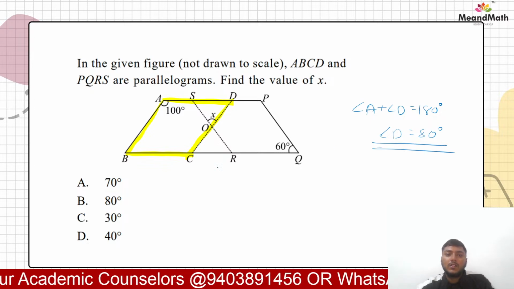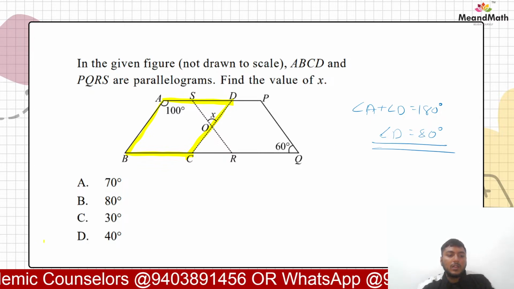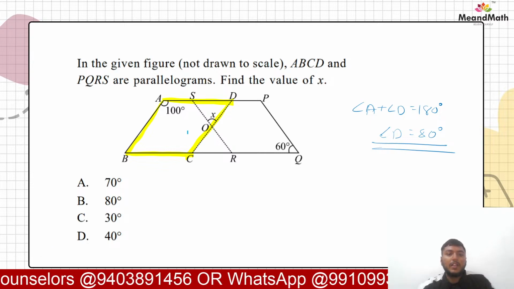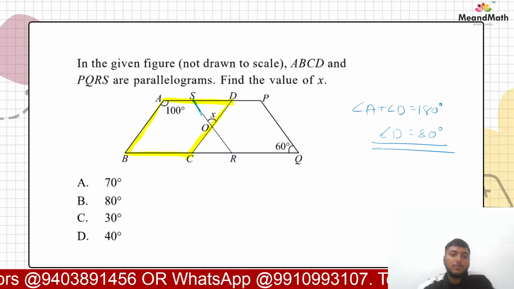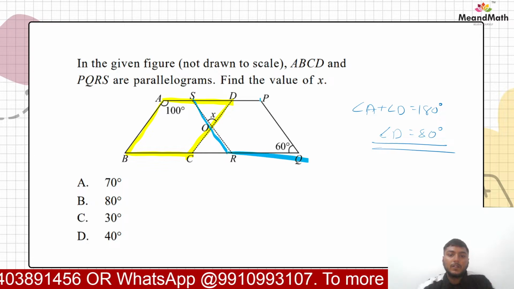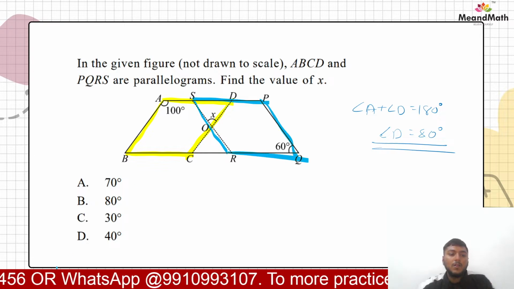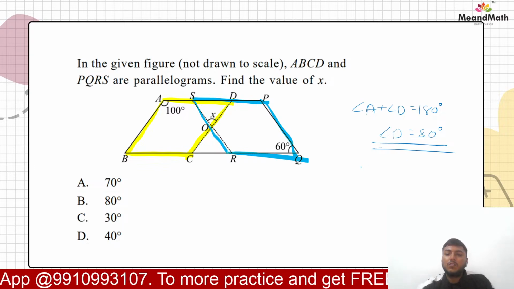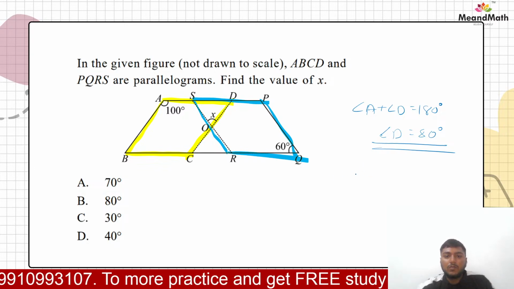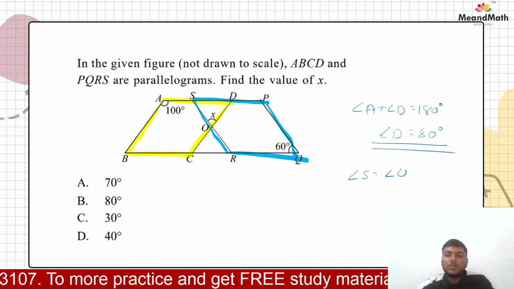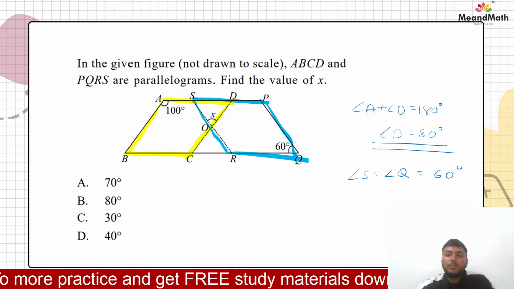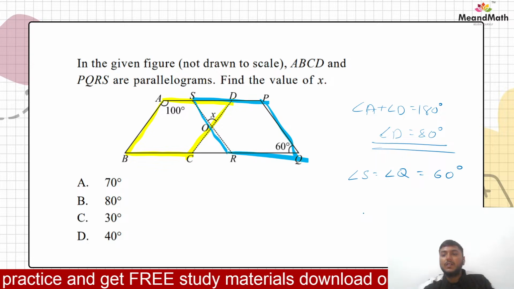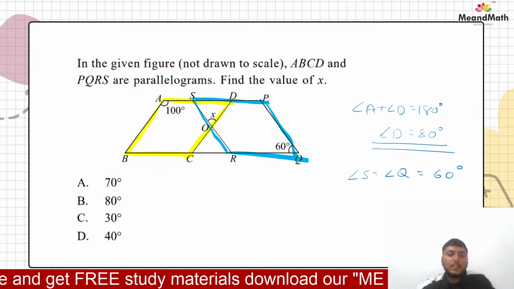Now we can see in the other parallelogram, PQRS, that opposite angles are equal. So angle S is equal to angle Q, so that would be 60 degrees.